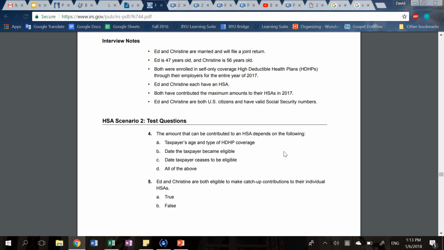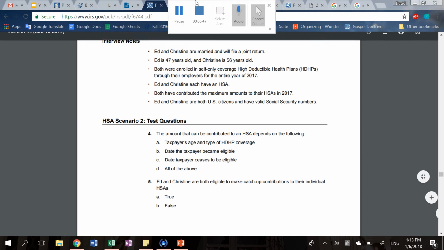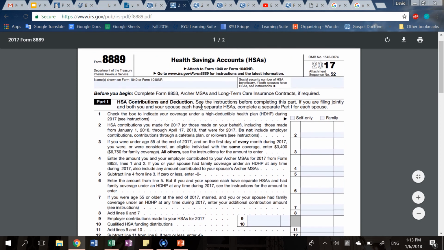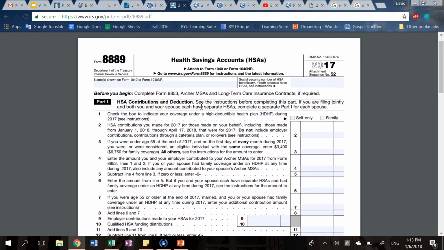Let's talk about those. So if we go up here to Form 8889, let's just kind of walk through this. There are 2 types of HDHP coverages: self-only or family. Line 2 is the amount that you contributed that year or other people contributed on your behalf.